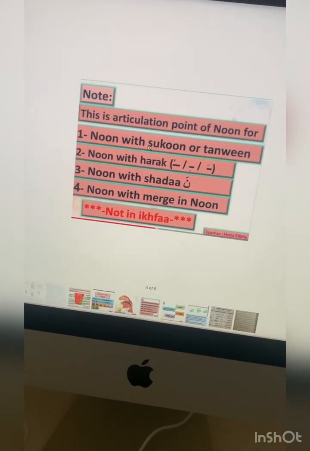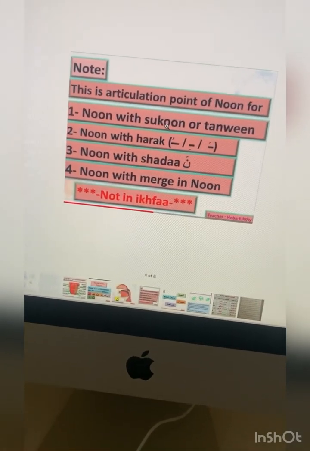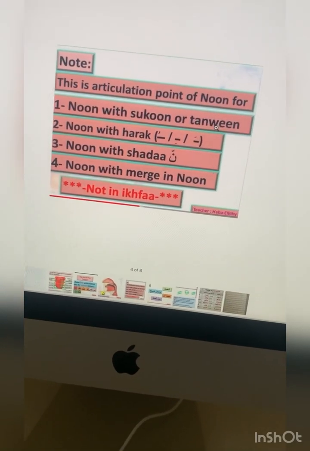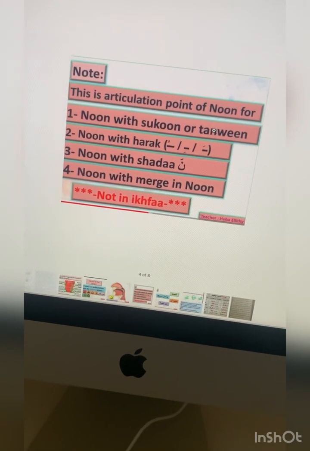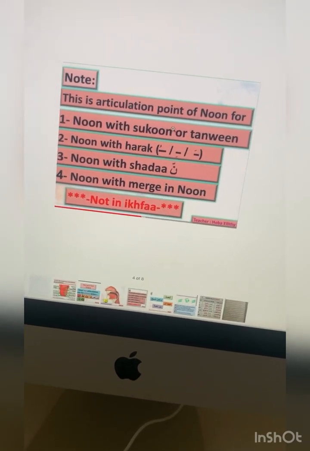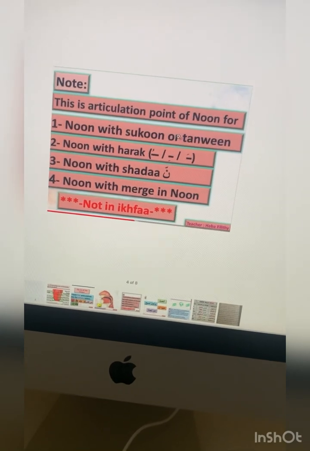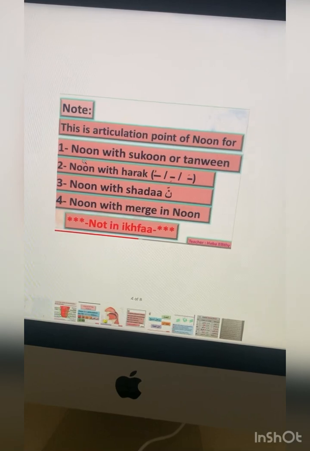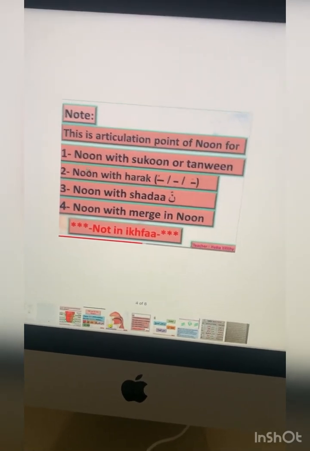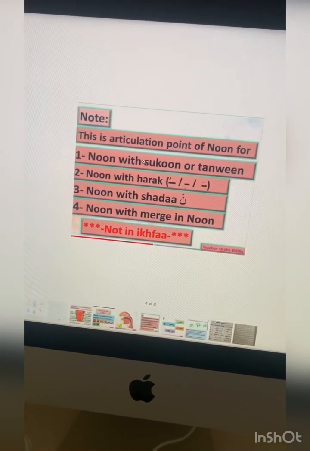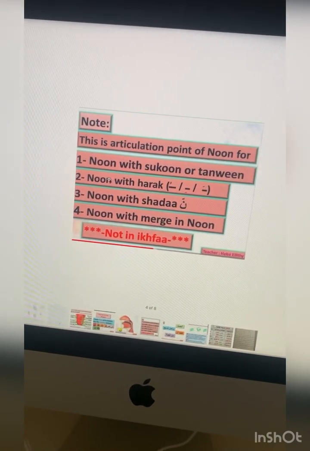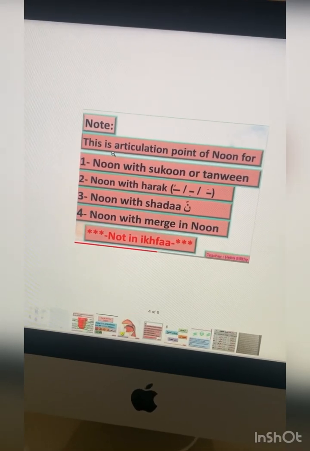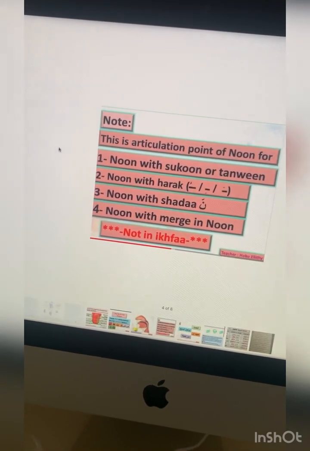So when you see any Noon holding sukoon, or any tanween that is not being staggered, you have to do the same process I discussed in the previous slide. It means the tip of the tongue needs to reach the gum just above your 2 front teeth. The second situation we're going to see in detail in the next slide, inshallah. But just remember the things I discussed in the previous slide.